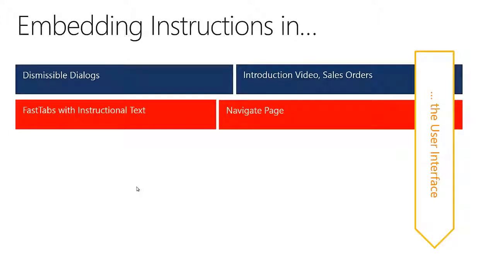The second part of the pattern is instructional text using fast steps. The difference with dismissible dialogs is that this cannot be disabled and is more fluently integrated in the user interface. It will always show.